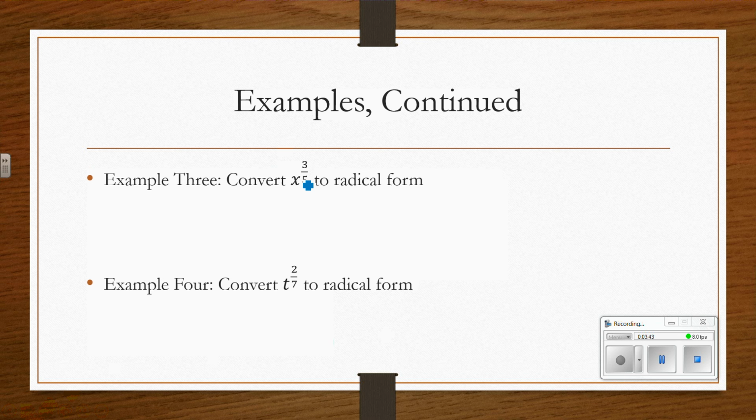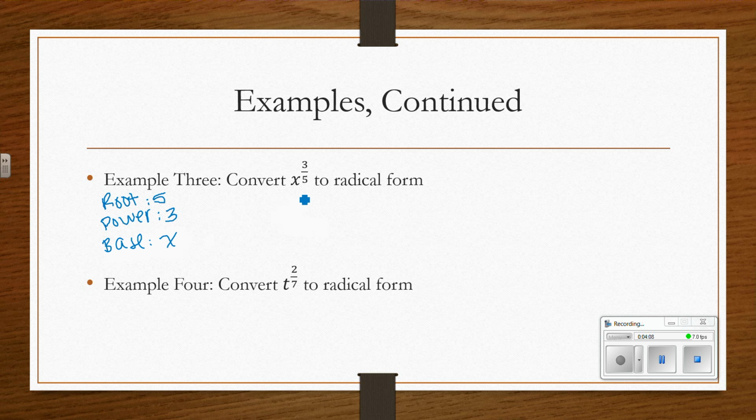Convert x to the power of 3 over 5 to radical form. So in this case we have root. Remember, root is the denominator of the fraction, so in this case it's 5. The power is the numerator of the fraction, so in this case it's 3. And we have a base, which is x.